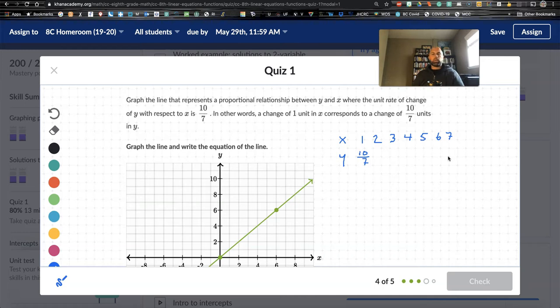I think I'm going about this a little bit incorrectly, based on the area of the graph. Here's what I was going to do. 20 over 7. 30 over 7.